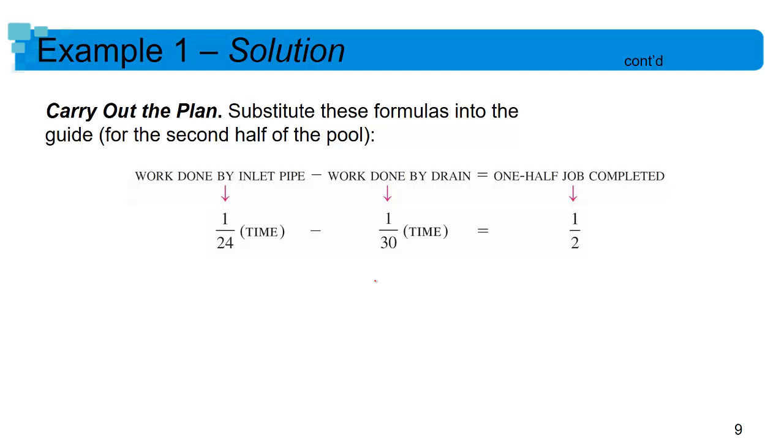So 1/24 minus 1/30, those are the two rates. If we can figure out that rate, then it's going to be that rate times the time that we're looking for equals 1/2. So we have 1/24 minus 1/30, that's our combined rate, and if we multiply by the time, that has to equal the job or the work, which is 1/2.